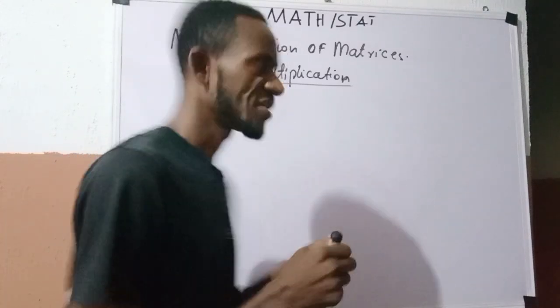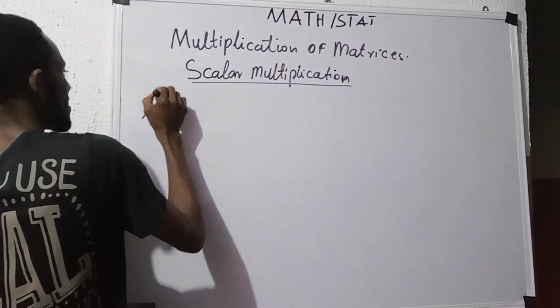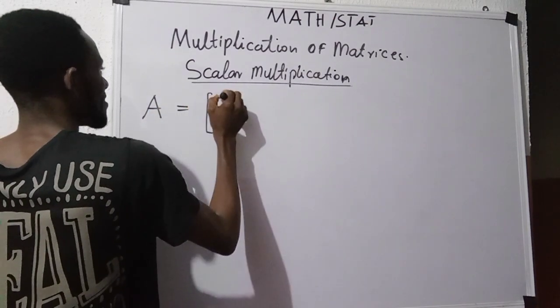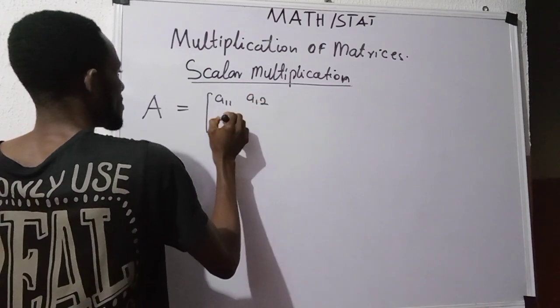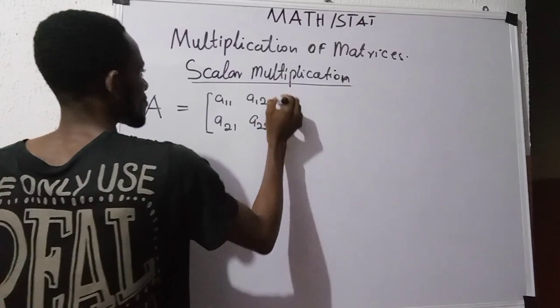For instance, if we have a matrix A, and this matrix A is defined as A11, A12, A21, and A22.